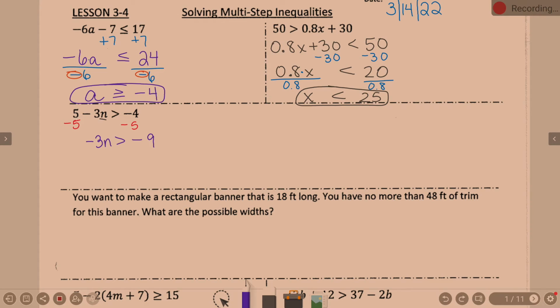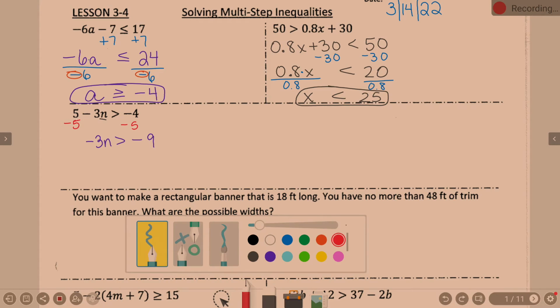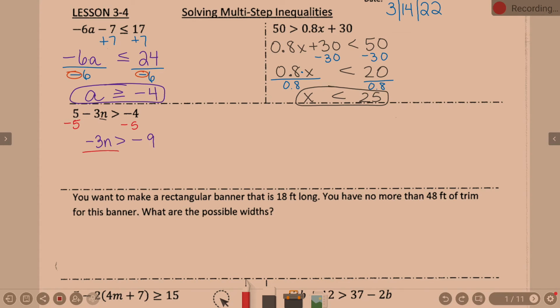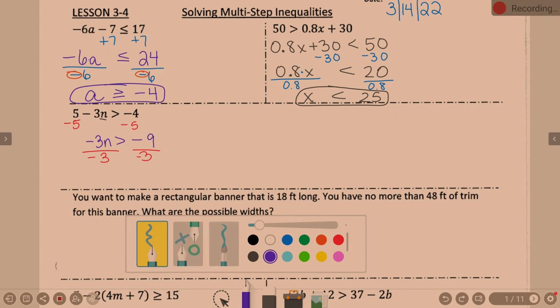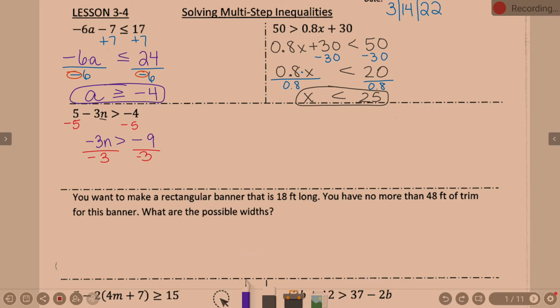If it's negative 3 times n, we need to divide. I'm dividing by 3, specifically negative 3. Negative 3n divided by negative 3 is 1n, so that's n.